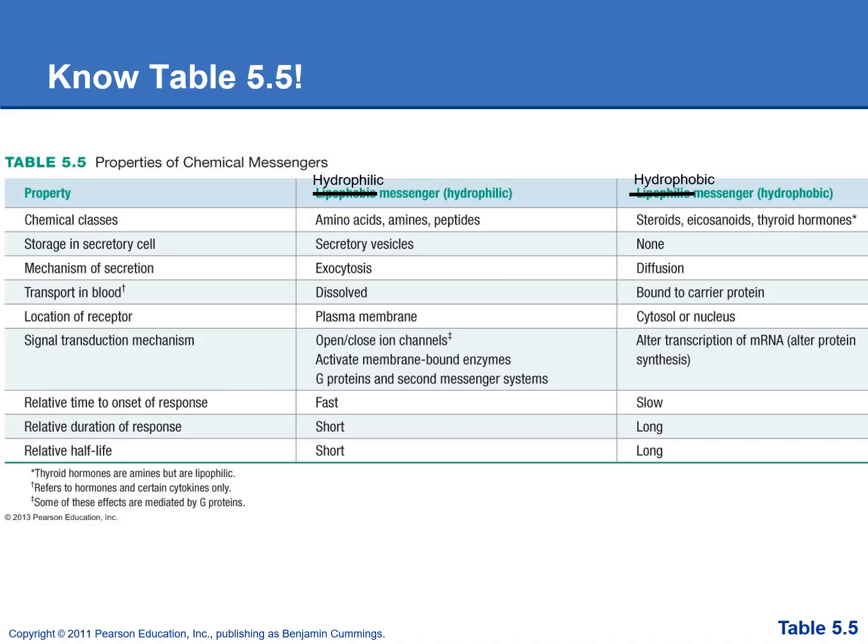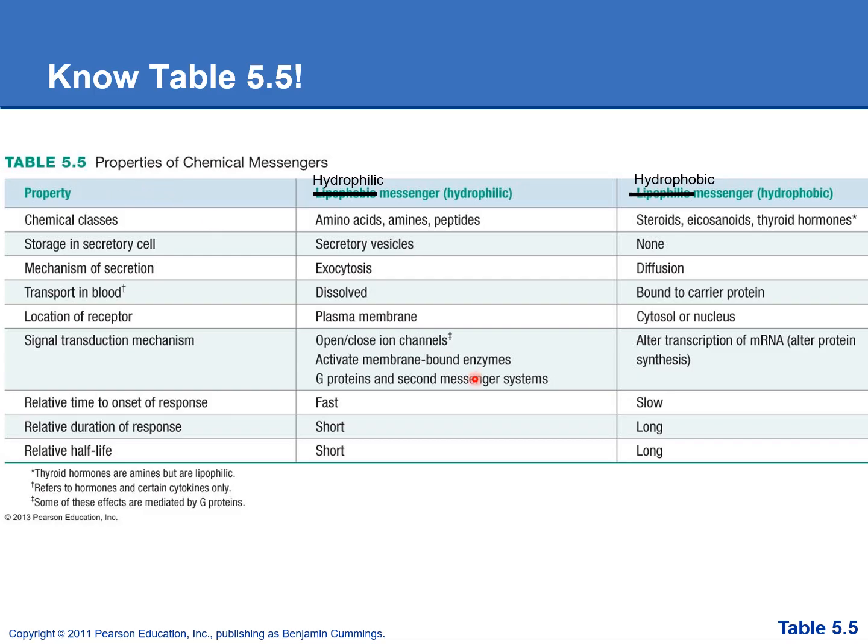And then Table 5.5 from your book is also really important to know. So this shows you hydrophilic messengers and then hydrophobic messengers, and just compares the two side by side.